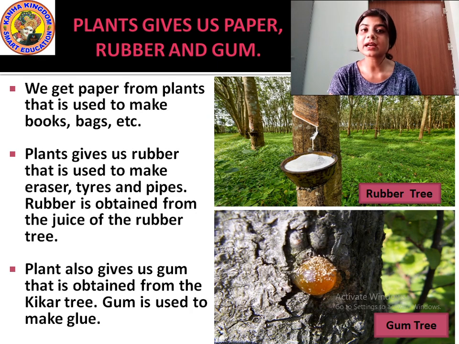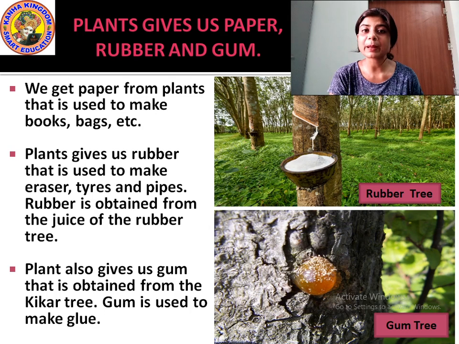Yes or no? In art and craft activity, we use glue to paste something, and that gum is made from plants. The name of the tree that provides us gum is kikar tree. Okay, so plants give us paper, rubber and gum.